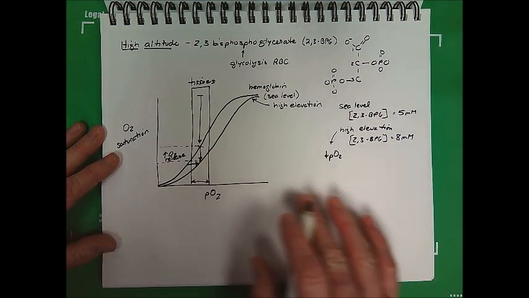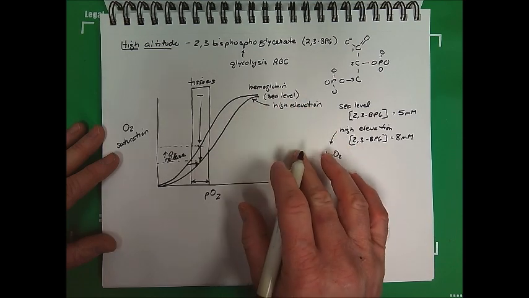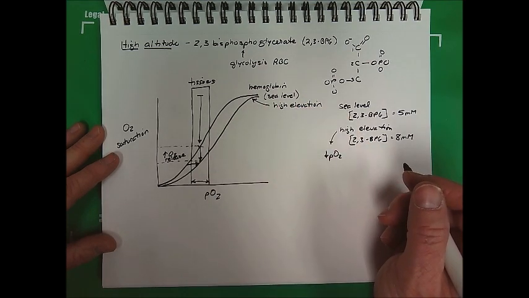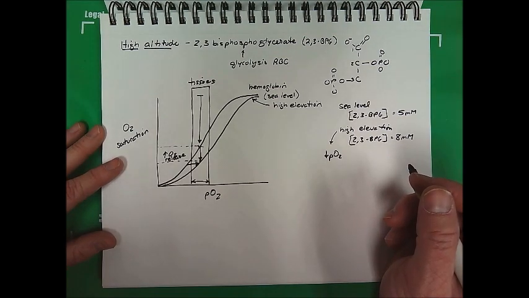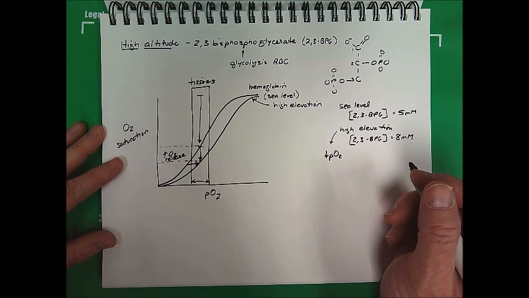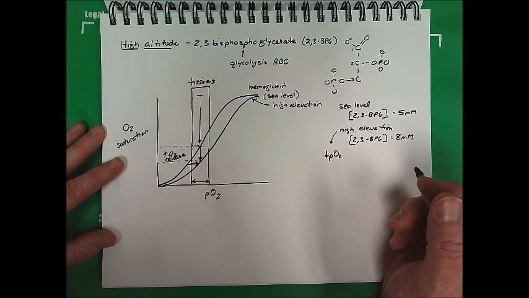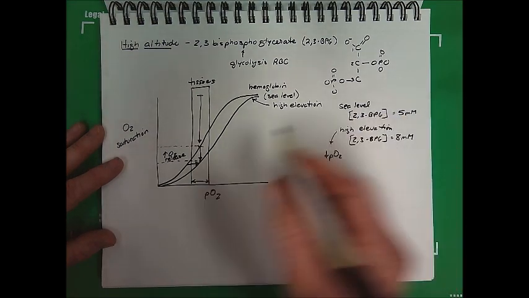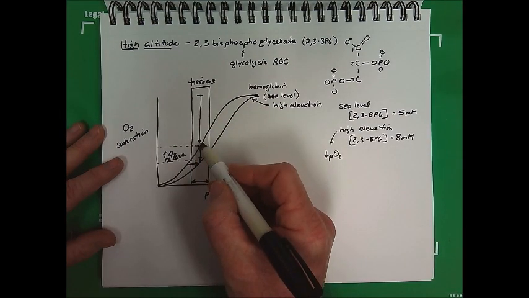This is why, if you have friends that are at sea level and they come to visit us in New Mexico, if you take a hike in the mountains, they will become more winded, breathing faster to get more oxygen than we do, because they have a lower level of 2,3 BPG, and therefore they release a certain amount of oxygen.